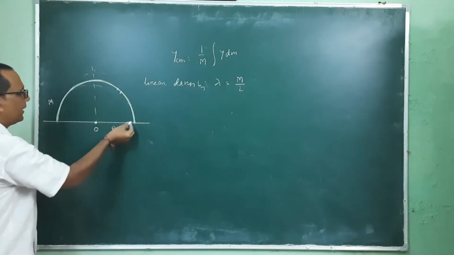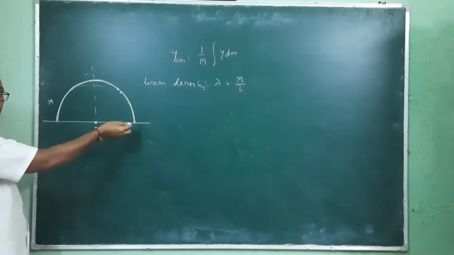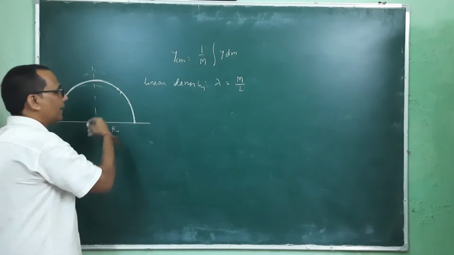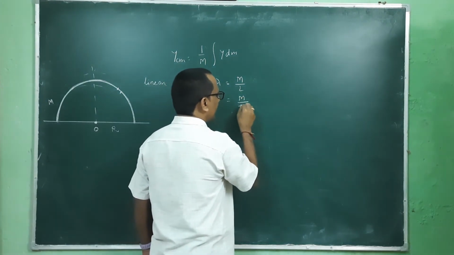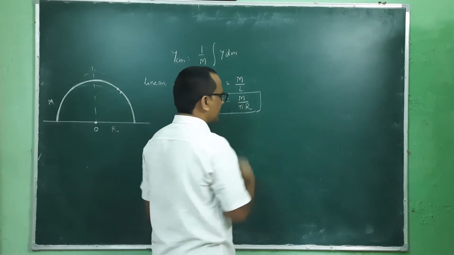So first of all I have to find the length. The total length will be 2 pi r, and half of 2 pi r is pi r. So lambda is equal to mass by pi multiplied by r. So I have this density, it is equal to mass upon pi r.